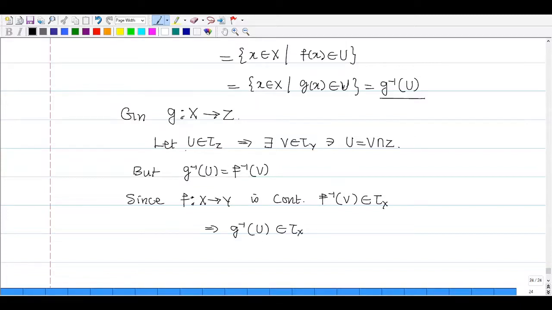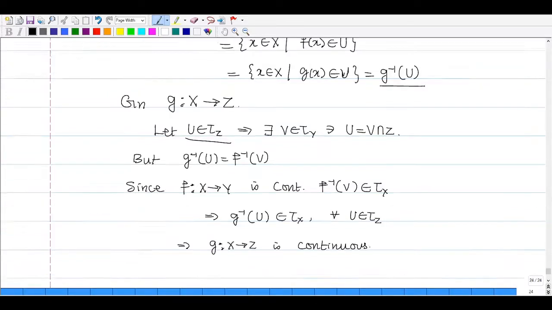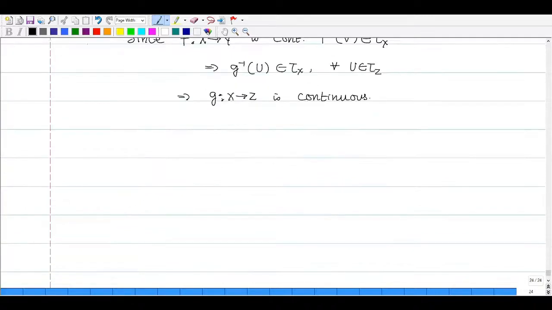For every U belongs to tau Z. Okay, hence this implies that g from X to Z is continuous. Continuous. Okay, that's all.